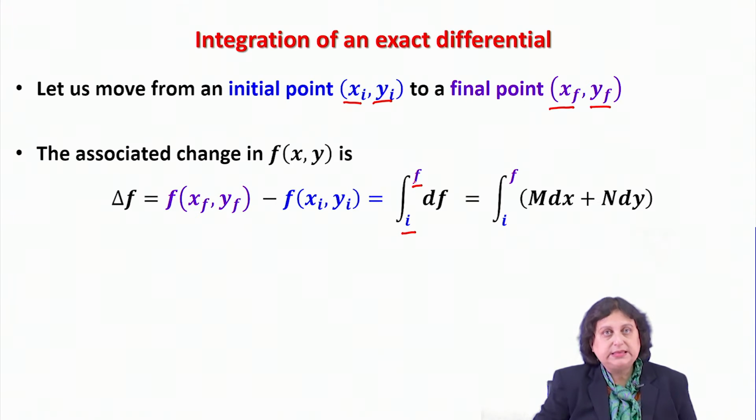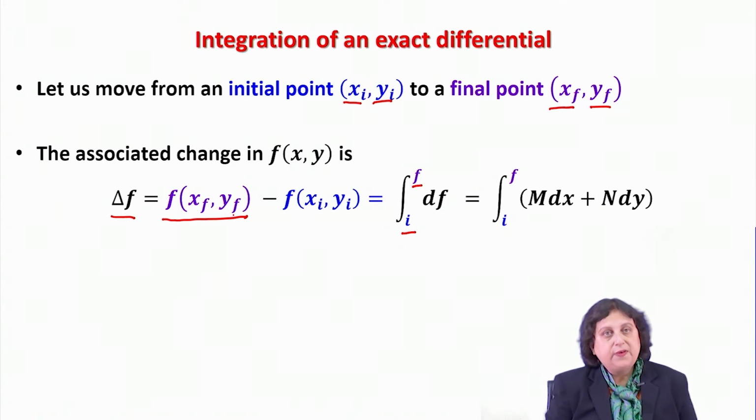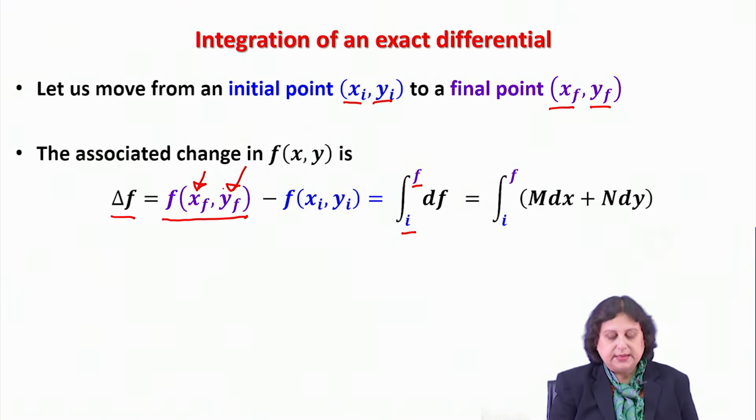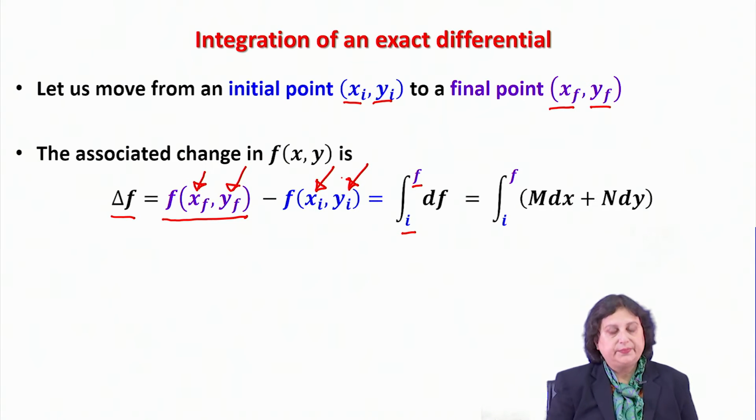We have already seen that this delta f is going to be nothing but the value of f evaluated at the final point where x is equal to xf and y is equal to yf, minus the value of f at the initial point where x is equal to xi and y is equal to yi.